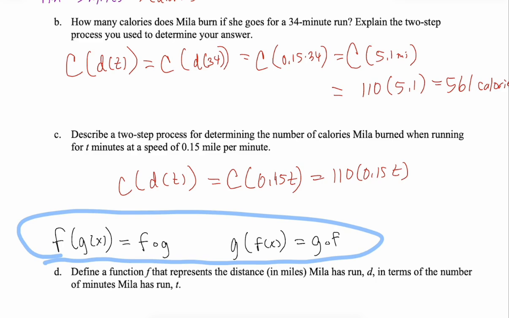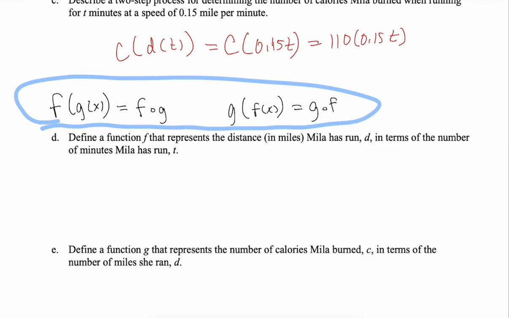We always work our way from the inside out. So even though we're so used to going from left to right, this tells me I start with the g function, get something, and then go to the f function. This one, I start with the f function, then I go with the g function. So it's important to know how that works.